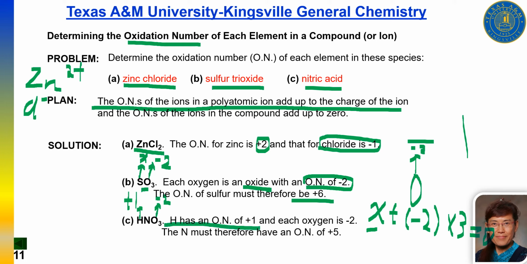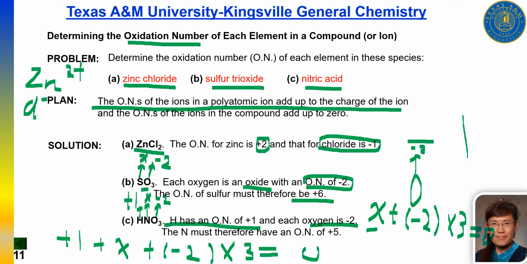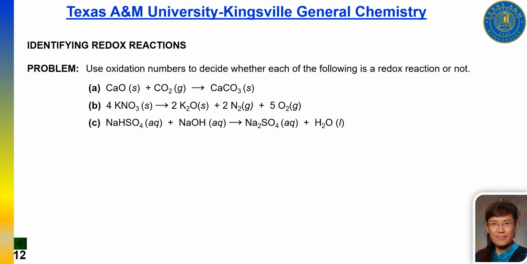Hydrogen +1, oxygen -2, and for nitrogen you assume the oxidation number is X. Therefore, +1 plus X plus -2 for oxygen, and you have 3 oxygens, so multiply by 3. Adding them together, the charge is 0. You solve for X. My solution: X is +5. That's how you determine the oxidation numbers.